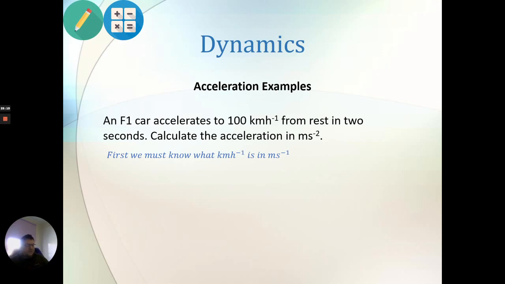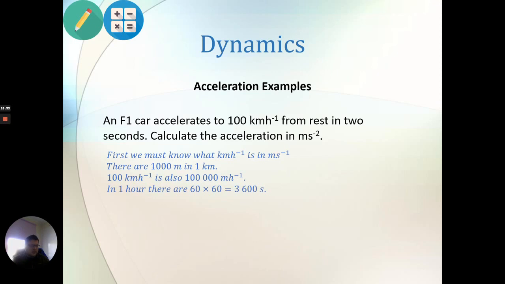We have to know what kilometers an hour is in meters a second. So we know that there are 1,000 meters in 1 kilometer. Good. Makes it easy. 100 kilometers an hour is therefore 100,000 meters an hour. And in 1 hour, there are 60 times 60, so 3,600 seconds.